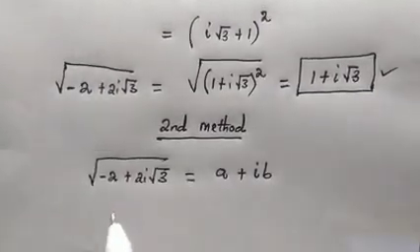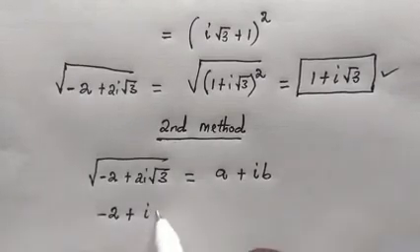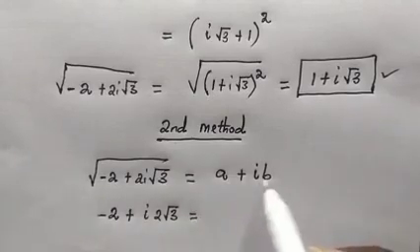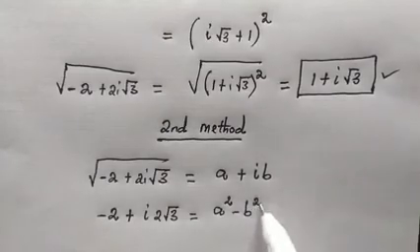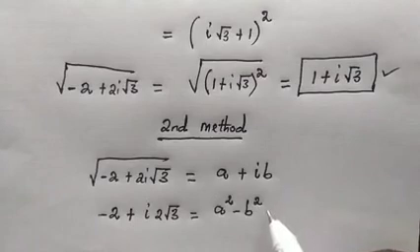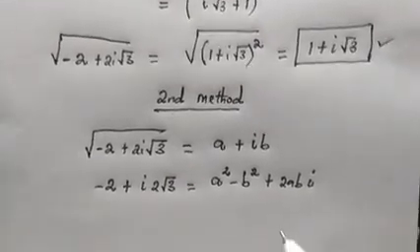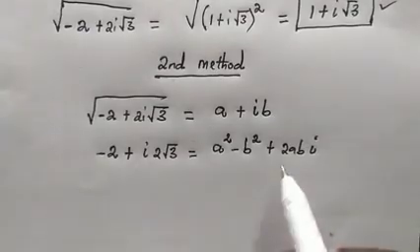If you square both sides from here, we're going to have -2 plus i 2 root 3 equal to, if we expand this, (a plus ib) squared, giving us a squared minus b squared, right? And then plus 2ab multiplied by i. Now we're going to compare both sides of this equation, real to real and imaginary to imaginary.